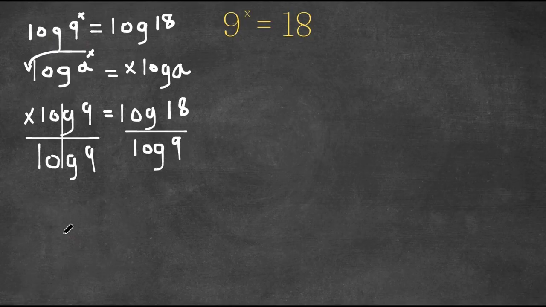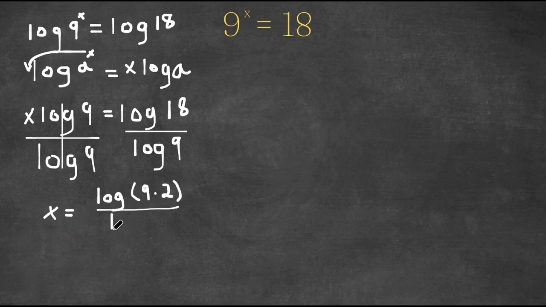these two cancel out, and I would get x is equal to log 18 over log 9, which is the same thing as log 9 times 2 over log 9.